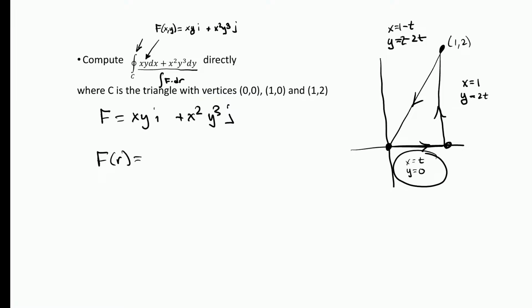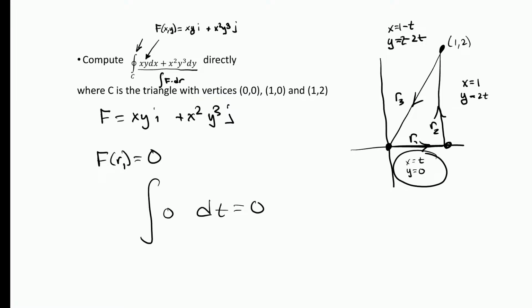This is r1, we'll call it, so this is r1, r2, r3. f of r1 is going to be 0 i plus 0 j. Well, that makes things simple, doesn't it? Because it doesn't even matter what we're dealing with here when you do the dot product. You'll have the integral of 0 dt, which is 0. Okay, so that takes care of r1.